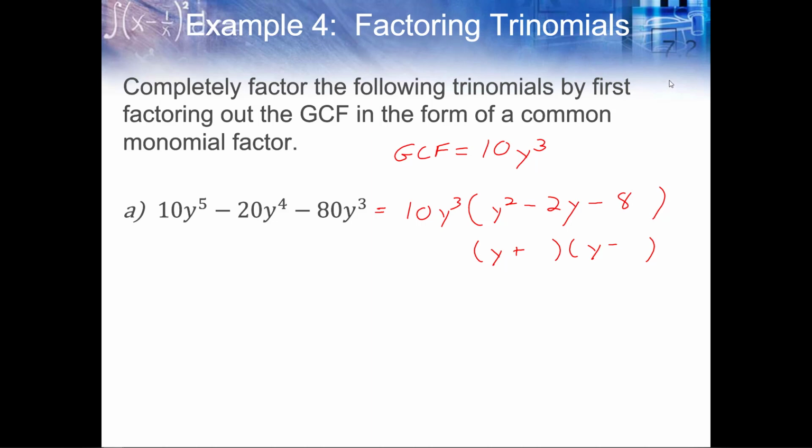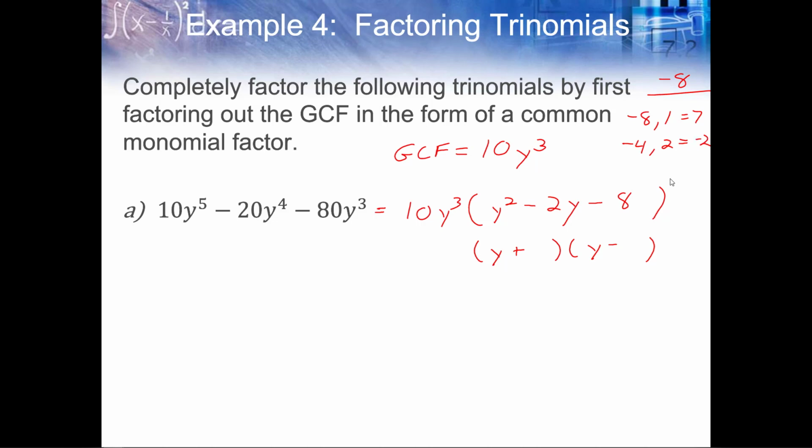So what are our factors of negative 8? Well, let me see. We have negative 8 and 1, but that sums to negative 7. So notice to get a negative 2, I want the negative factor to be larger than the positive factor. What about negative 4 and 2? Negative 4 plus 2 is negative 2.